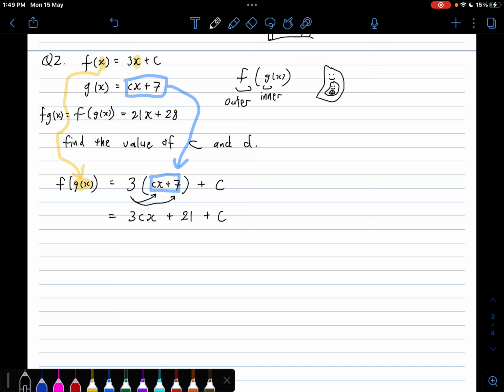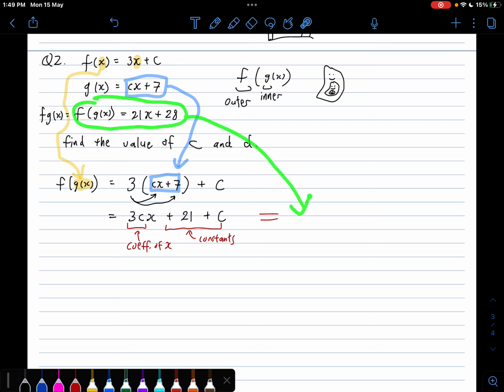Good. So what you notice is that this part here is the coefficient of x. That part there is the constants. This is the coefficient of x. And then you can do comparing coefficients. So this is exactly equal to f of g of x, but we already know that f of g of x is 21x plus 28. It was given.